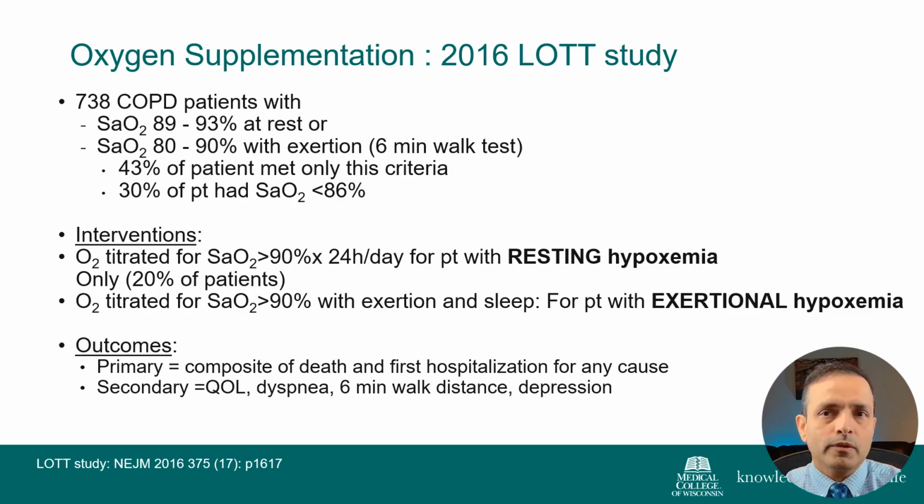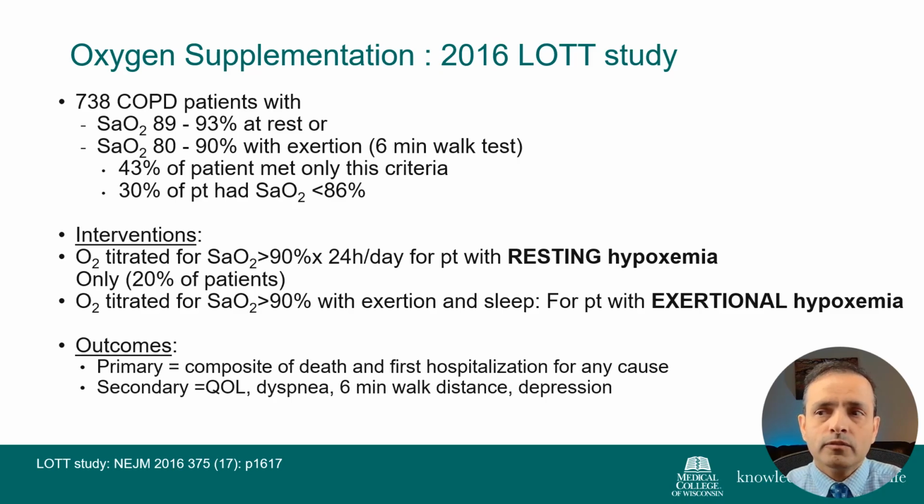So 43% of the patients met that desaturation-with-exertion criteria. And remember, 30% had saturation less than 86. Then they titrated oxygen to keep saturation more than 90, 24/7 with resting hypoxemia.